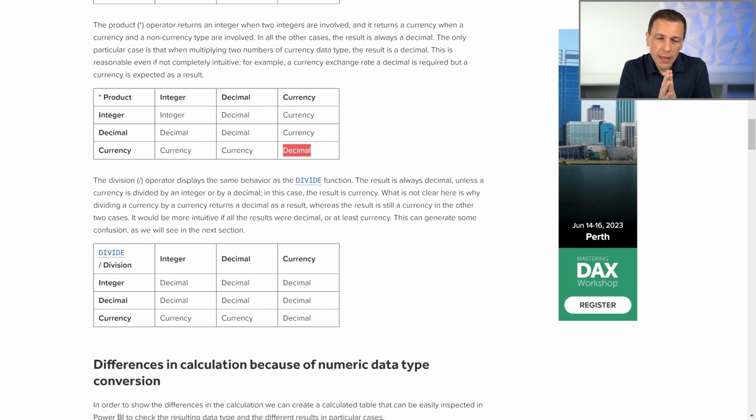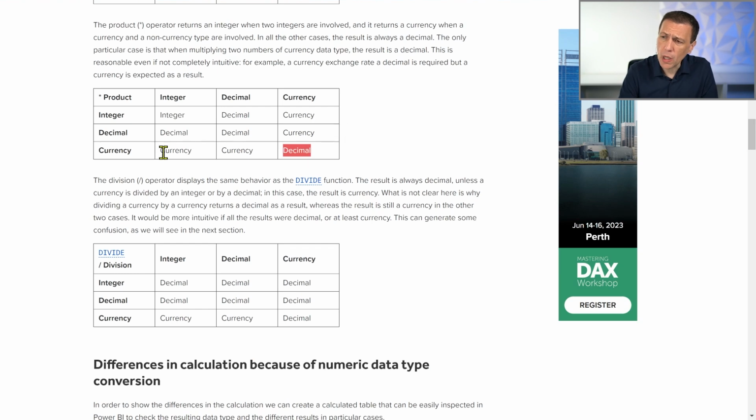For example, let's start from the currency with another currency. If the result is a decimal, because this is the more interesting part, it means that the result can actually be represented in a floating point, which has a larger range of values that can be represented, but it has a lower number of significant digits, which means that a rounding could be in place and produce a different result for the multiplication.